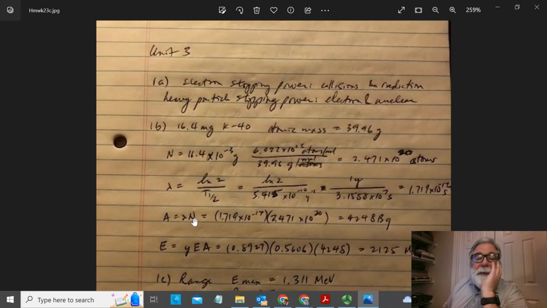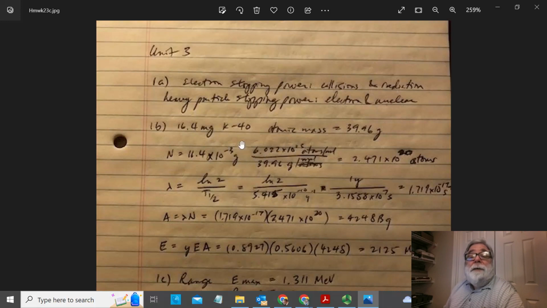So we need to find out what the N is, what the lambda is. So let's get some information. We have 16.4 milligrams of potassium-40. We look up the atomic mass of potassium-40. It's 39.96. It's probably good enough to just stick with 40 grams per mole, but it's 39.96 grams per mole. So we have 16.4 times 10 to the minus 3 grams.